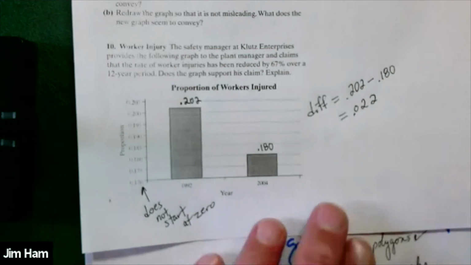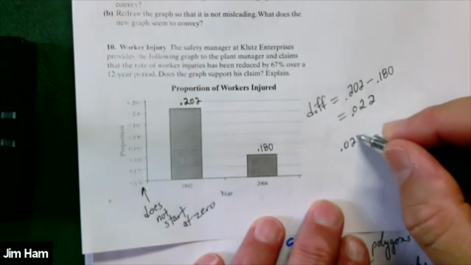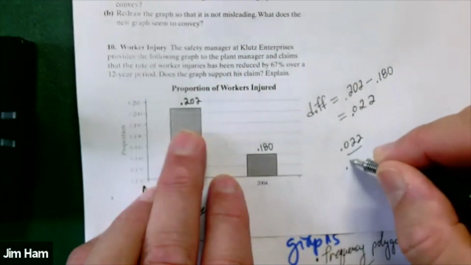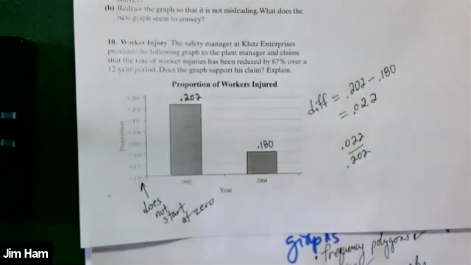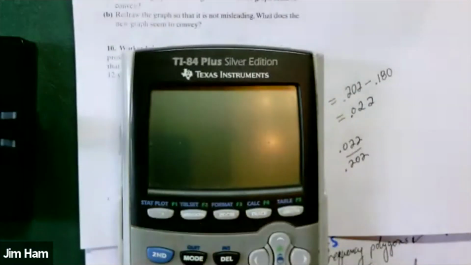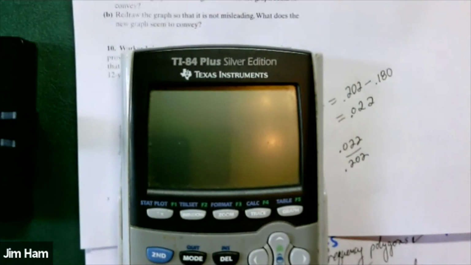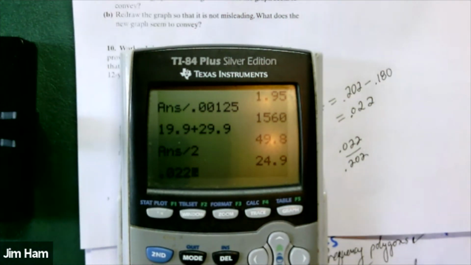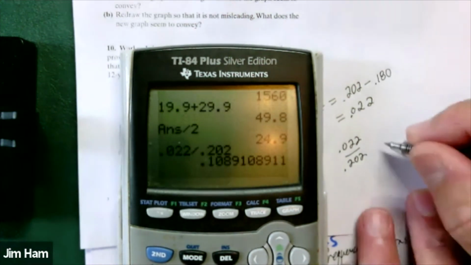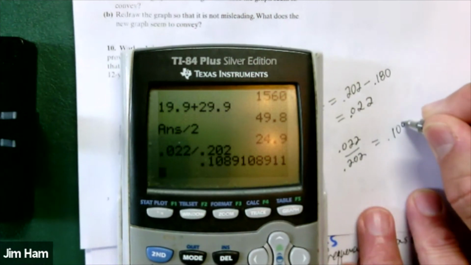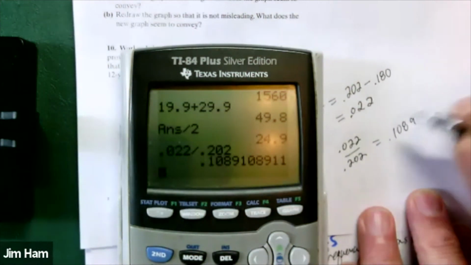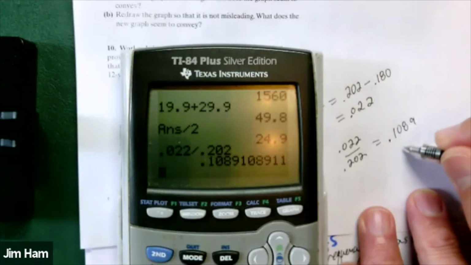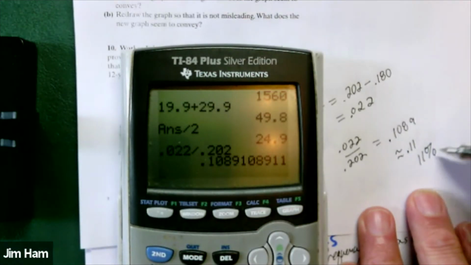So if you take that 0.022 and divide it by the original amount, 0.202, and let me do this on the calculator, 0.022 divided by 0.202, you get 0.1089. So it's about 0.11 or 11% decrease.